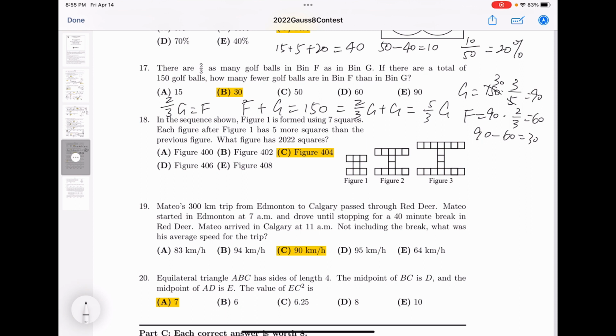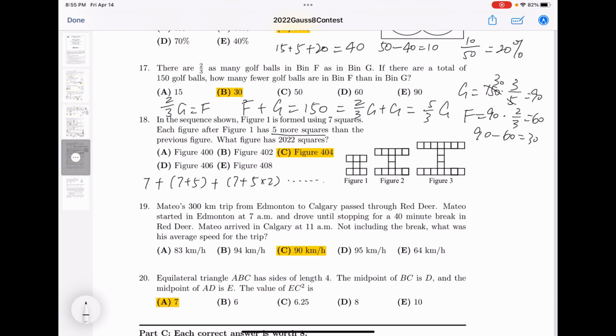So, because the next figure has 5 more squares than the previous one, it would form an arithmetic sequence, and the starting term is 7. 7, 7 plus 5, 7 plus 5 times 2, all the way to the end.